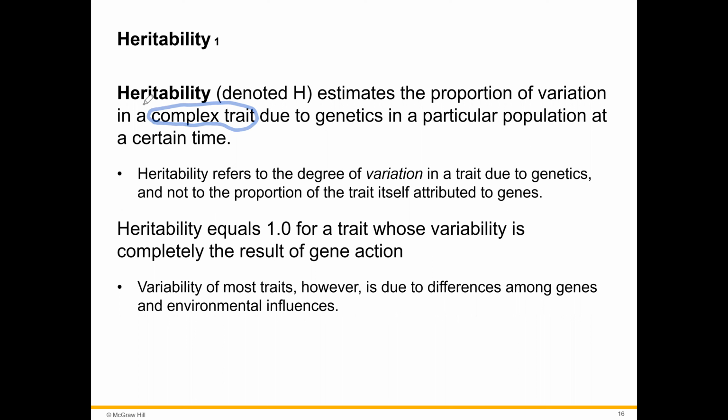Now, what is the heritability of this trait? That means how much of this trait is because of the genetics. That makes sense? So the heritability equals 1, or sometimes they say 100%. So 1 equals 100%. So heritability equals 1 for a trait whose variability is completely the result of gene action.